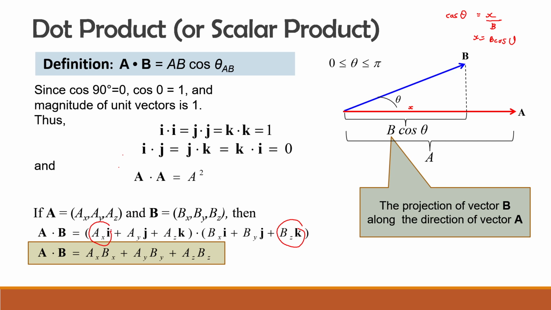That's why you only consider AX I dot BX I, where the result is AX BX.